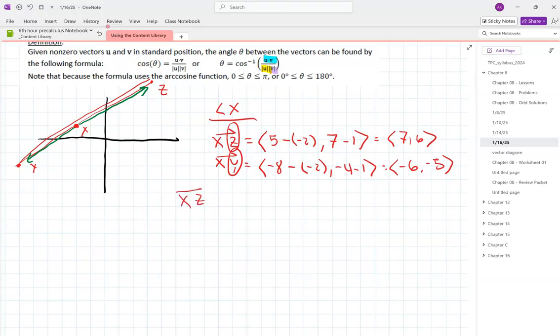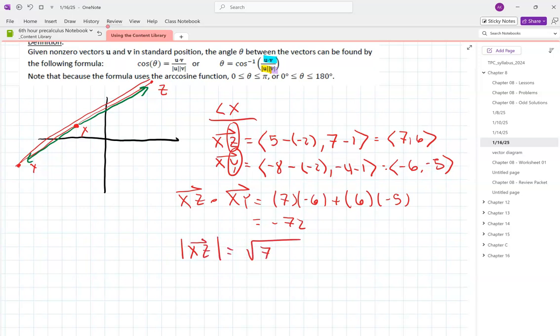So the dot product of XZ and XY is going to be the product of the X components plus the product of the Y components. So that's -42 plus -30, so -72. Then I need the magnitude of XZ.